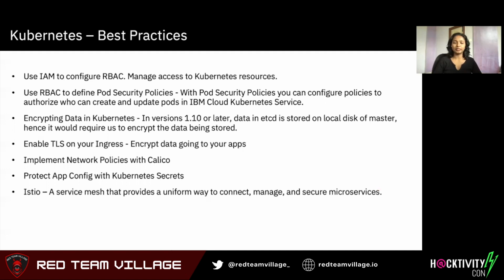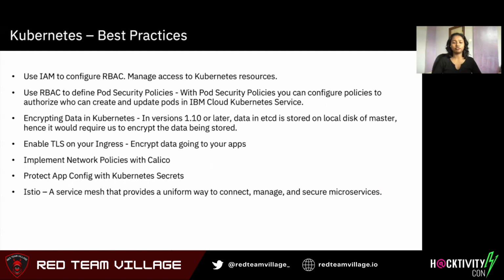And then you've got to enable TLS on your ingress so that any data that's going onto your apps through ingress is encrypted. And then you have open source tools like Calico, using which you can establish network policies, right? If you have a network anomaly and you want to set a certain policy on that, you can use some of these tools to set those policies in place.